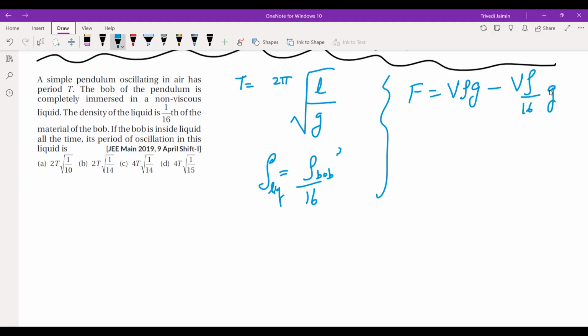Let's take rho as the bob density. Now we know this. Okay, you try this one then. What will we do here next? We got till here. Then what else do we need?